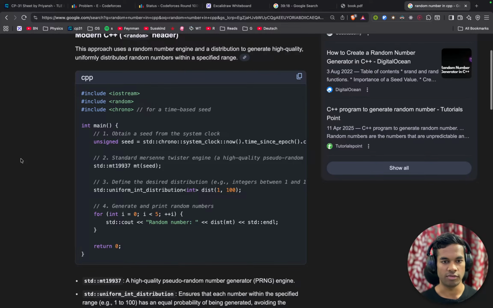The Mersenne twister engine takes in a seed. Seed is a random number. For that random number, we do chrono system clock now dot time since epoch dot count.